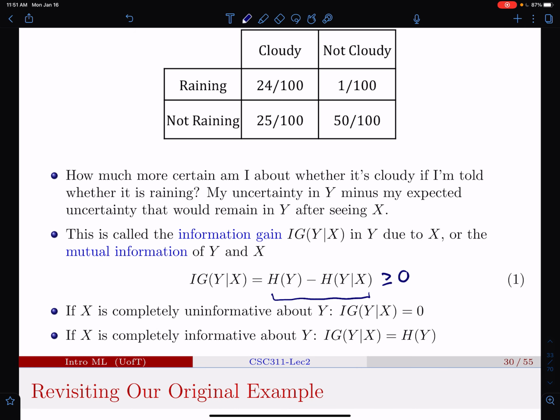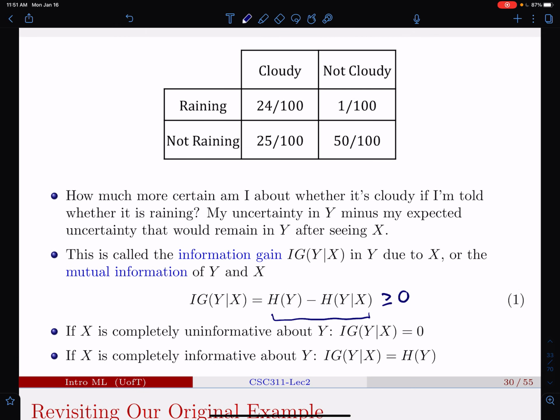When we say completely informative, it means that H of y given x is 0, right? Wait, hang on.